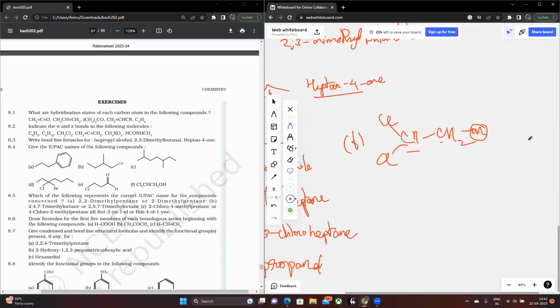So this is ethanol, and this is carbon 1, this is carbon 2. You can see that there are 2 chlorines attached. So it's 2,2-dichloroethanol, right?